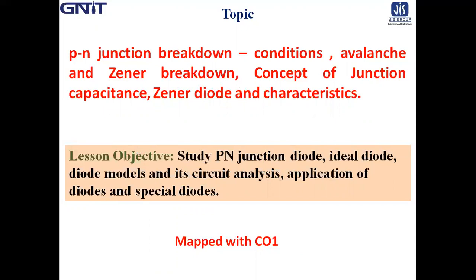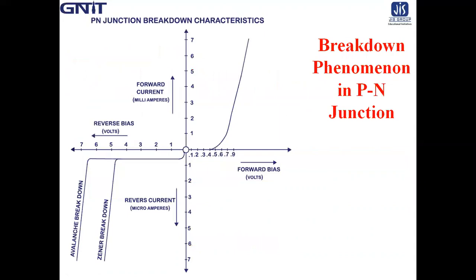So let us start lecture number 3 from the second module, PN junction diode and its applications, with the topic of breakdown. Breakdown phenomenon in PN junction. This is the IV characteristics curve, as already we have studied for forward bias as well as reverse bias.